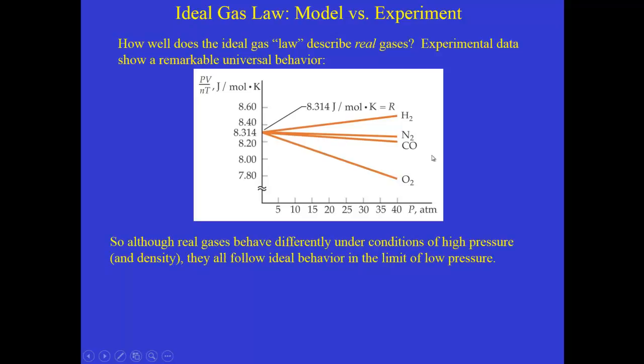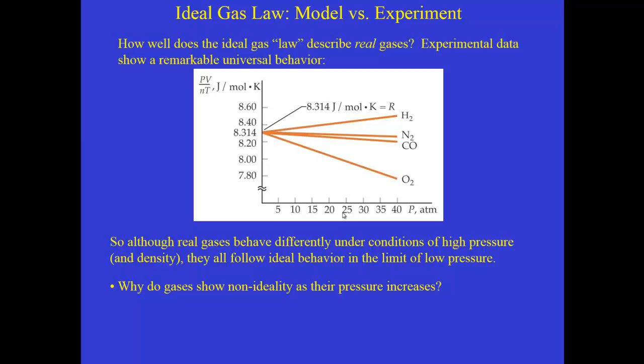So even though when the pressure goes up, gas molecules can be distinguished from one another in the way they behave, they all follow this ideal behavior in the limit of low pressure. And so that kind of raises the question, why do gases show non-ideal behavior as their pressure increases?